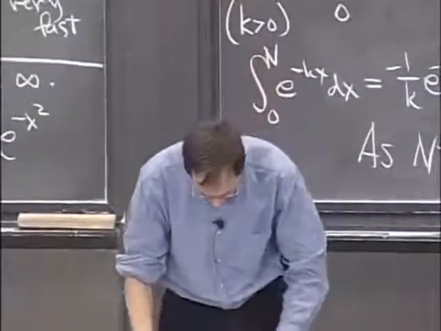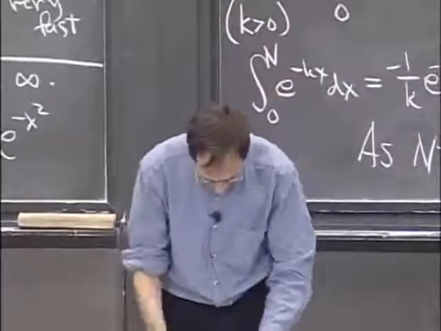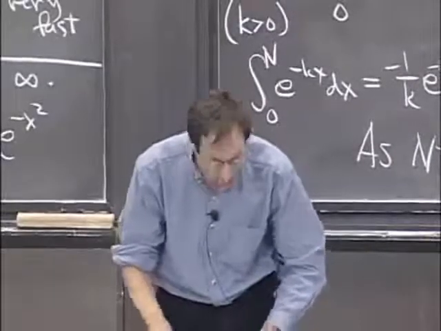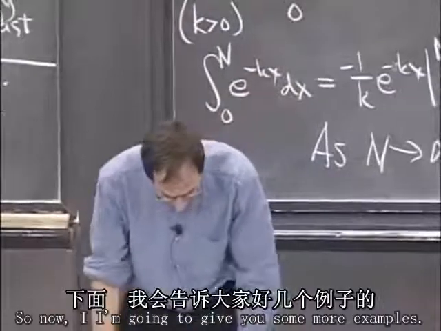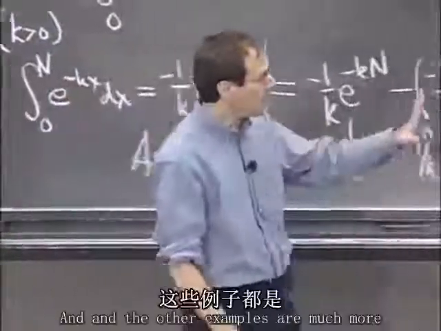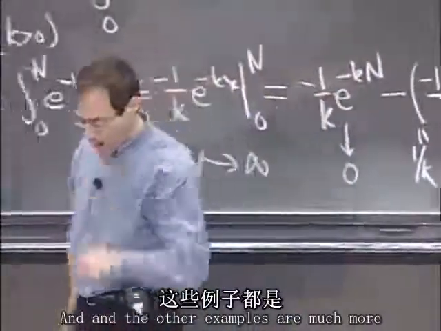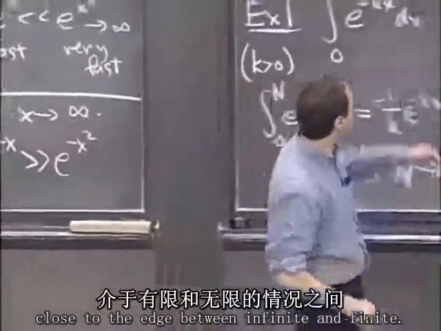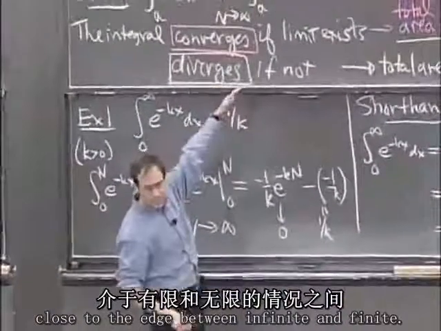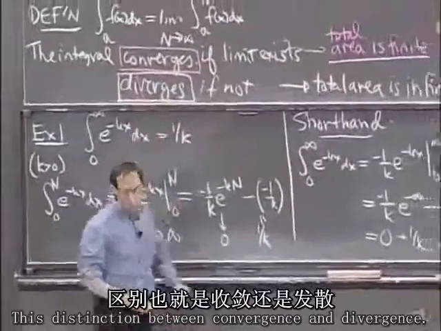Okay, so now I'm going to give you some more examples, and the other examples are much closer to the edge between infinite and finite, this distinction between convergence and divergence.